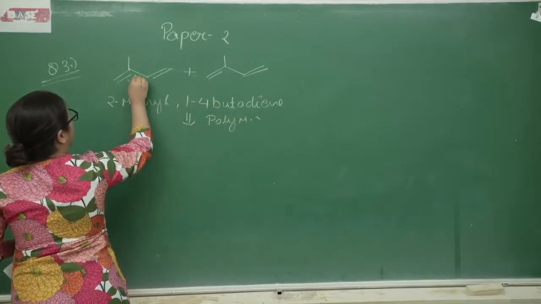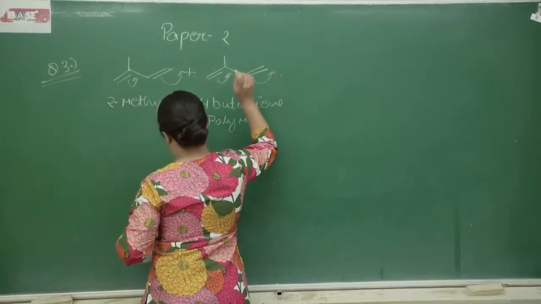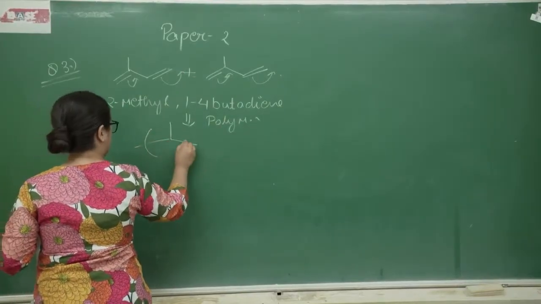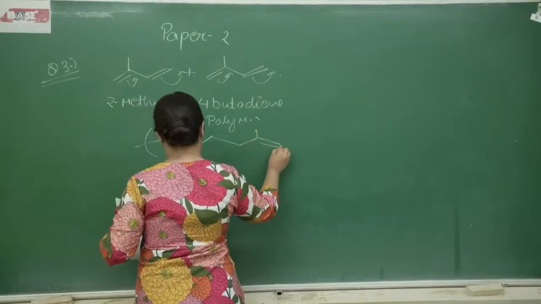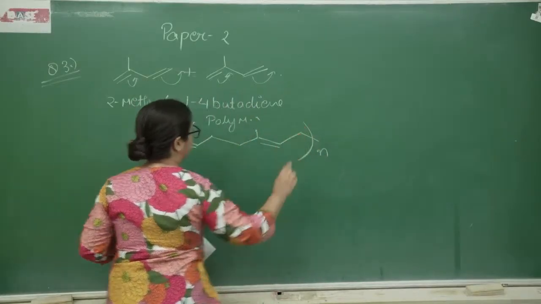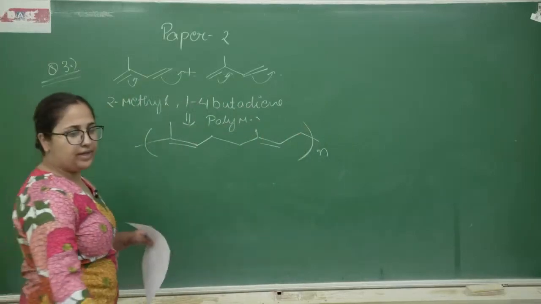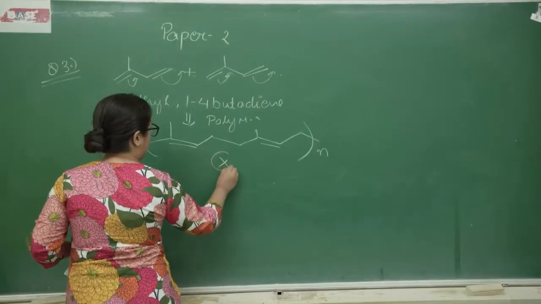This is our polymerized product we will get. What will be our polymerized product? This is our polymerized product. That means this product is undergoing ozonolysis. Hence, this is our X.